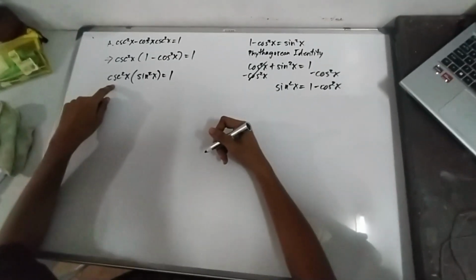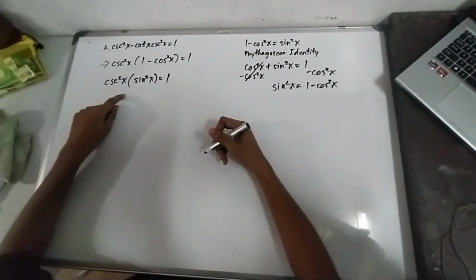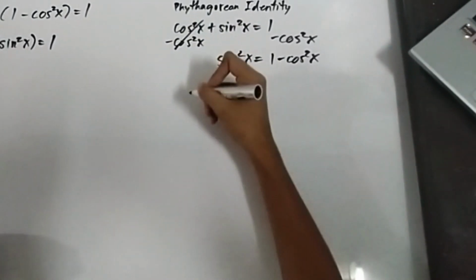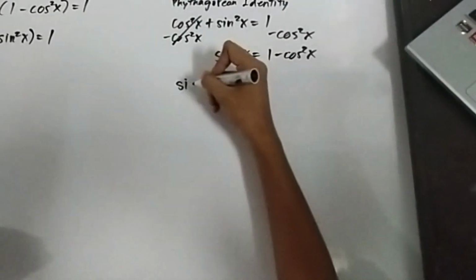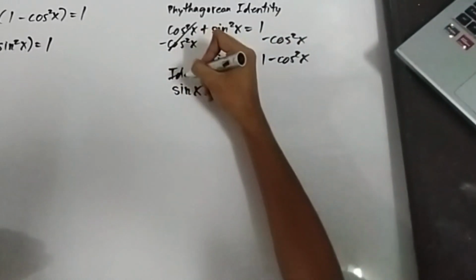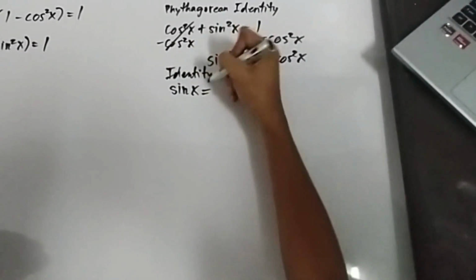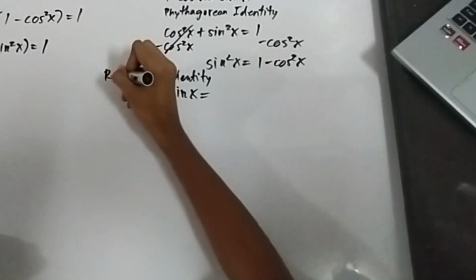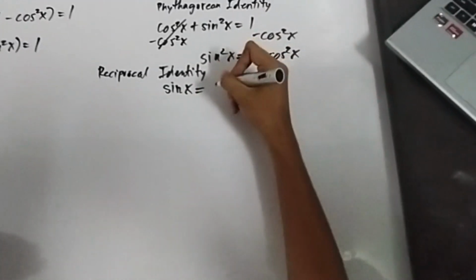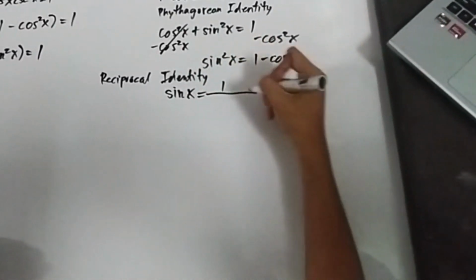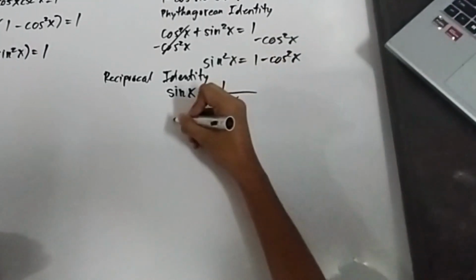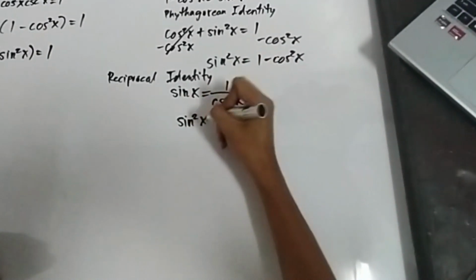We can also identify that cosecant squared x has a reciprocal identity, and we know that sine x has a reciprocal identity of 1 over cosecant x.